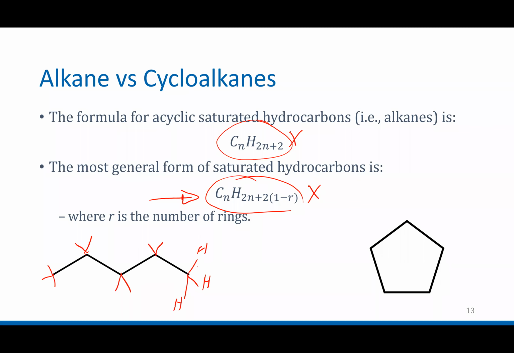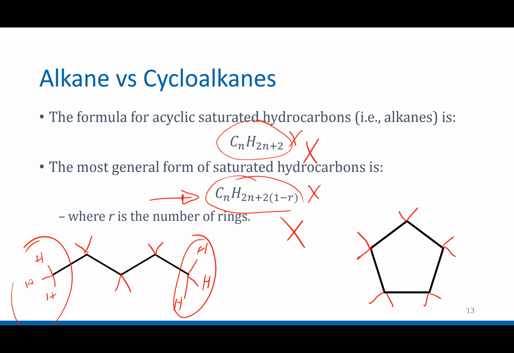But the minute you have a ring and you close it up, then you don't have this end that has 3 hydrogens anymore. So we have 2, 2, 2, 2, and 2. You do not need to know these formulas, okay? So don't worry, but it is interesting to know.